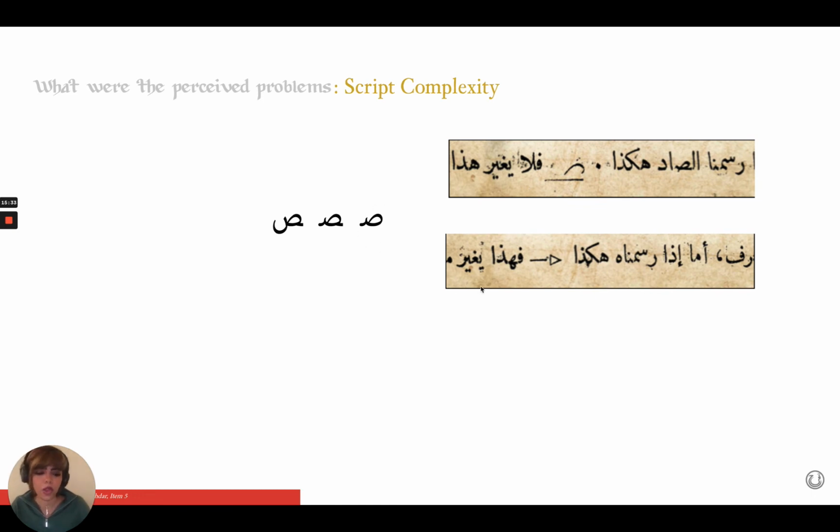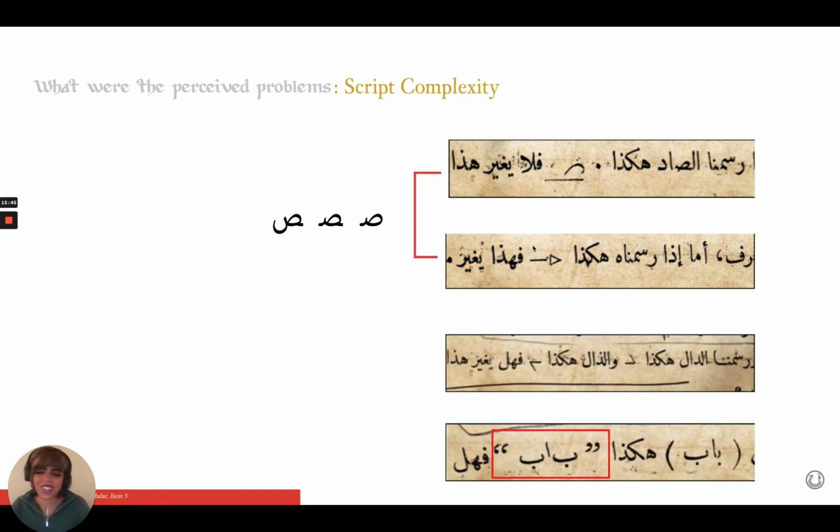Or if we put them in these special shapes, would that affect the characteristics of the Arabic? The discussion continued on and on. What if we detach the Arabic? Would that solve any issues?